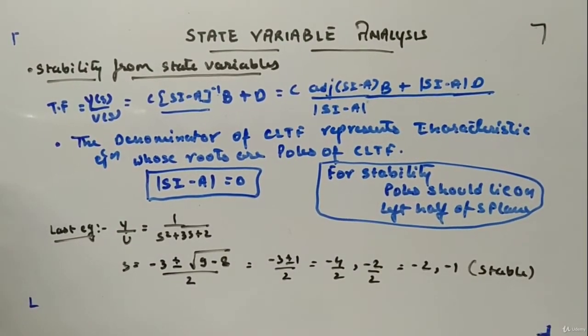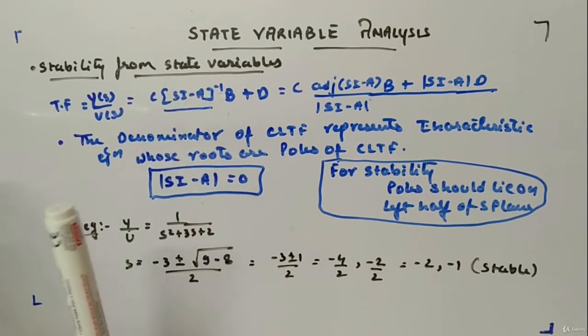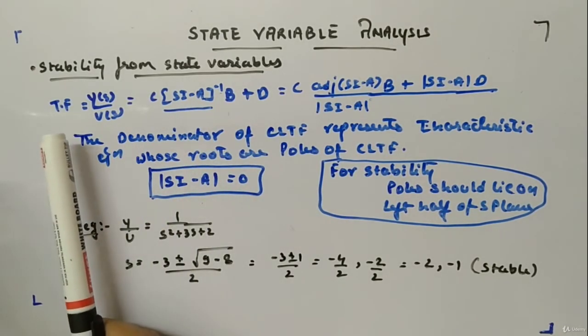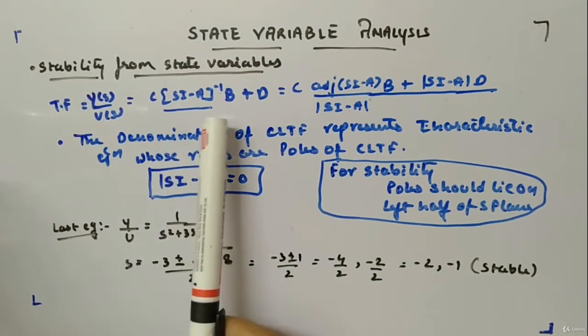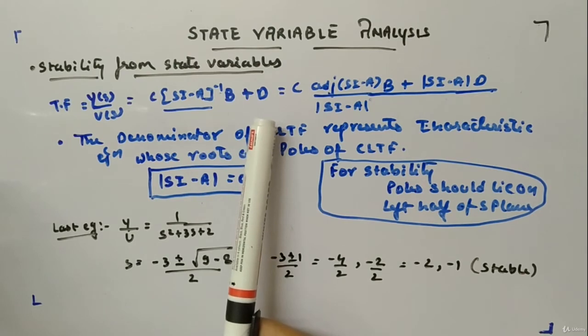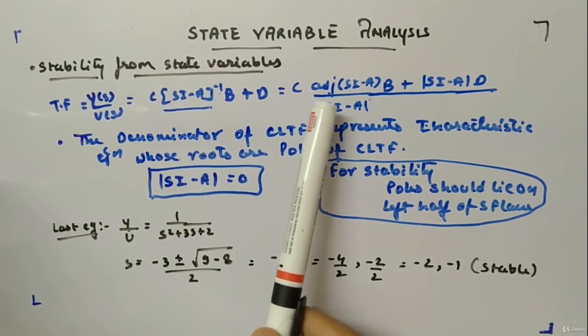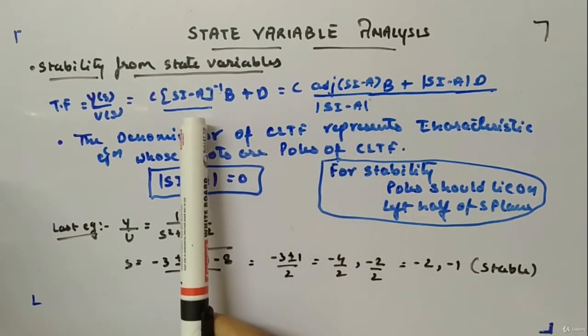Okay, so let's see how we can judge the stability of a system from state variables. I was talking to you in the last video: the transfer function was Y(s) divided by U(s), that is C (sI minus A) inverse B plus D. If you open the inverse, it will be adjoint of (sI minus A) divided by determinant of (sI minus A).